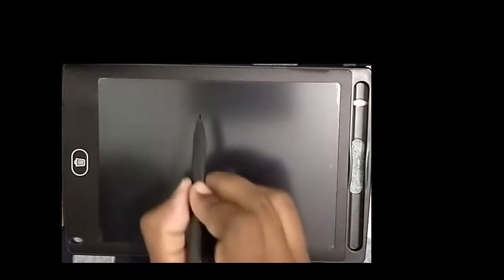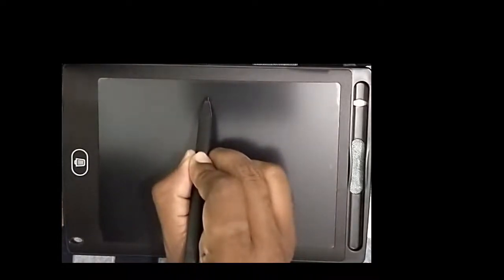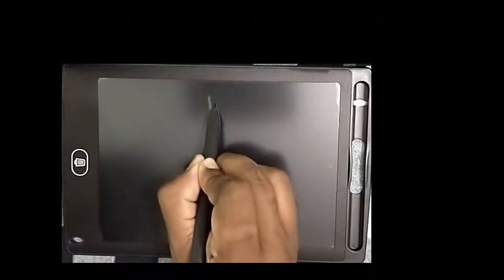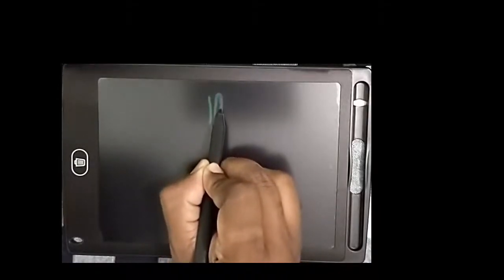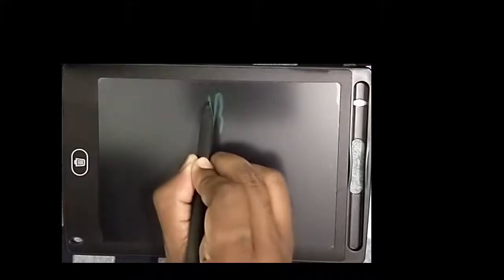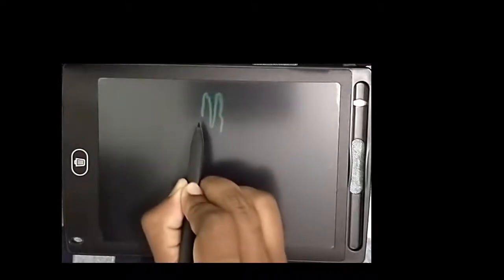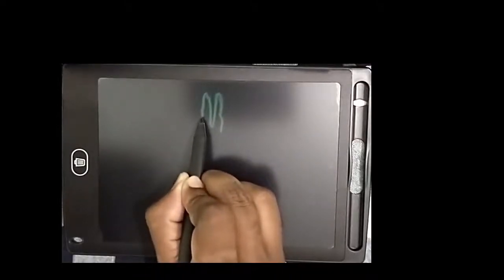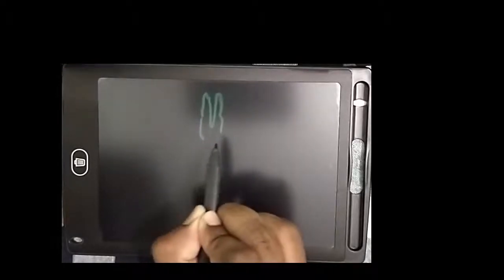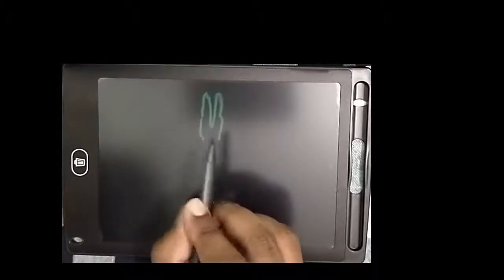Now I will show you the dorsal surface of the brain of vertebrate. See, this is the dorsal surface of the brain of vertebrate. This brain of the vertebrate comprises three important regions.